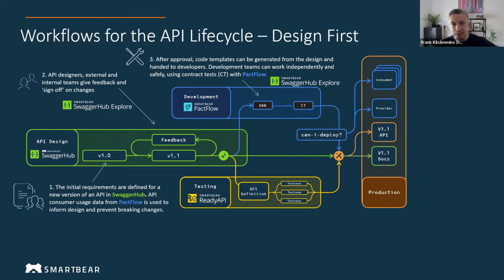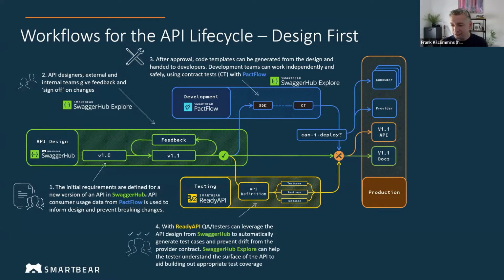Can you start interacting with it without having to necessarily automatically start writing unit tests against it? From a testing perspective, then, of course, it's good to be able to explore the development endpoints that have been delivered by the development team so that you can start formulating your test suites and your testing strategy to ensure that you have the appropriate coverage that's there.